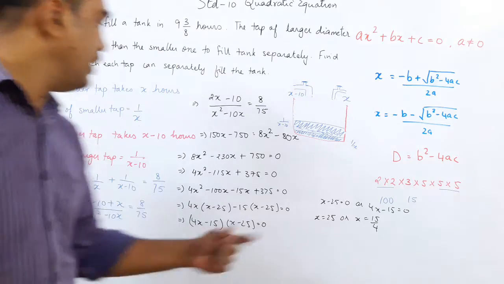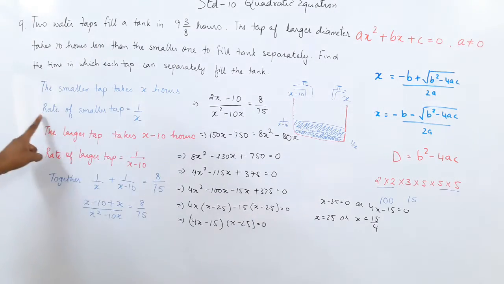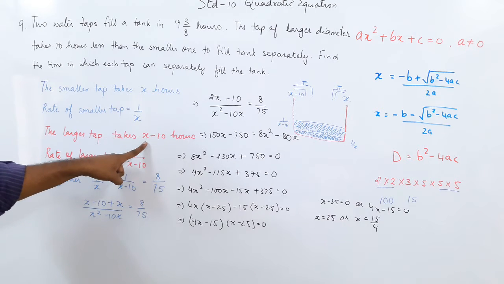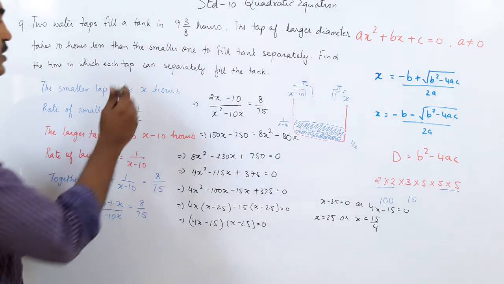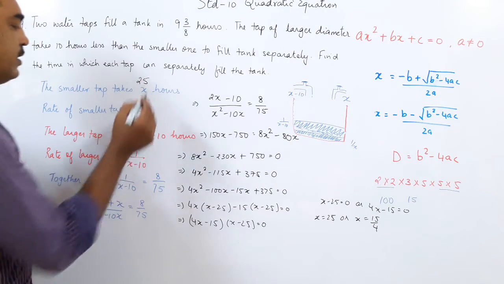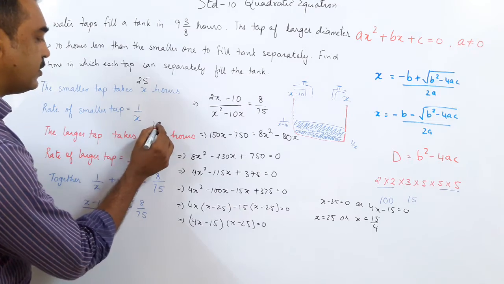Now the smaller tap takes 25 hours and the larger tap takes 10 hours less. So the larger tap will take 15 hours. So the smaller tap is taking 25 hours and the larger tap will take x minus 10, or 15 hours.